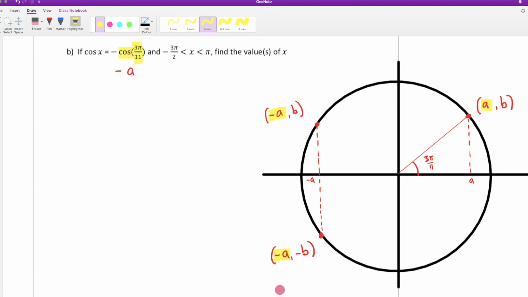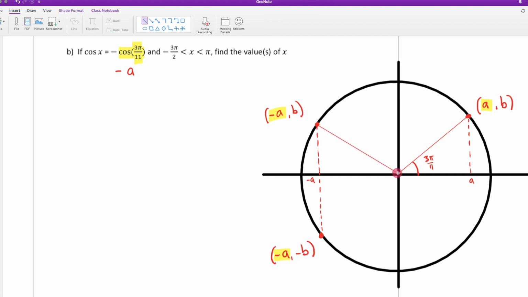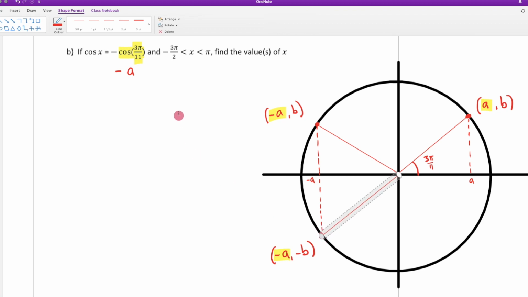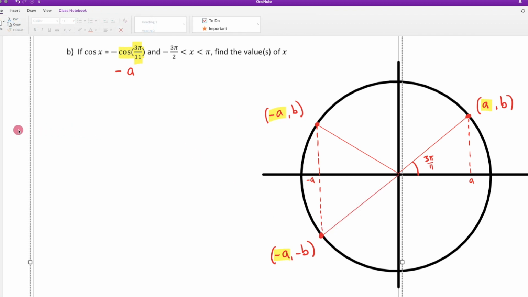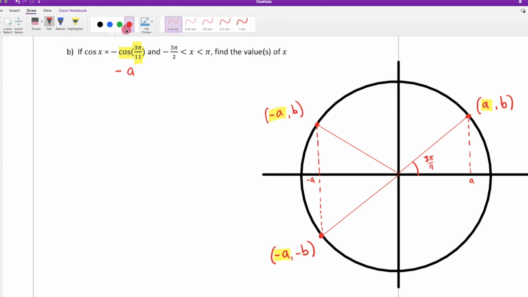That's what we're after. So let me draw in some lines from here to here, and draw in another line from here to here. Perfect. Now, would you all agree with me?